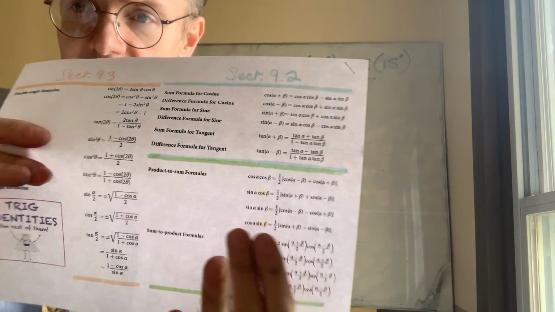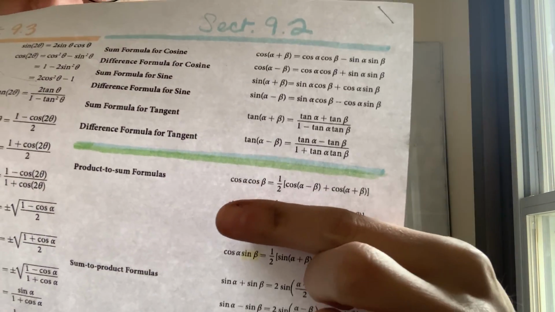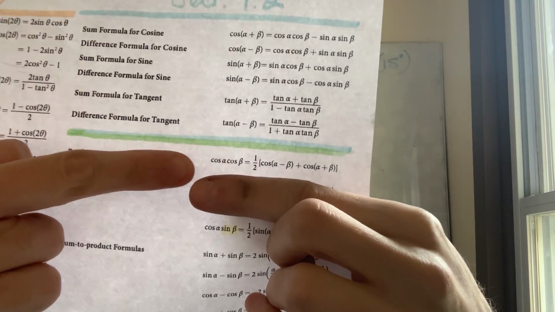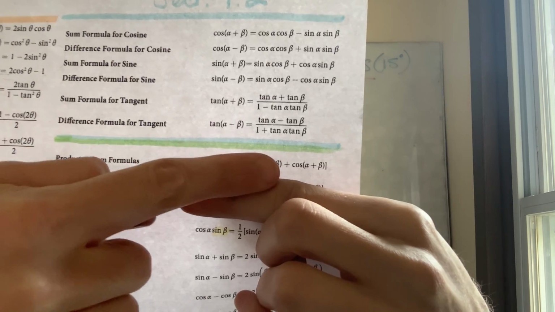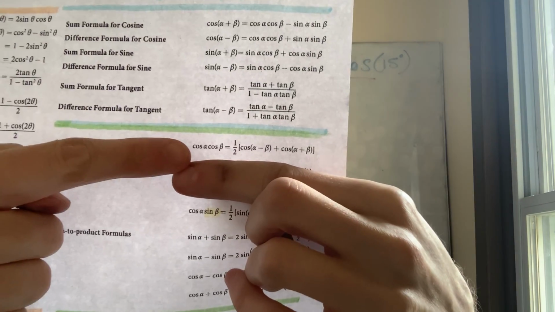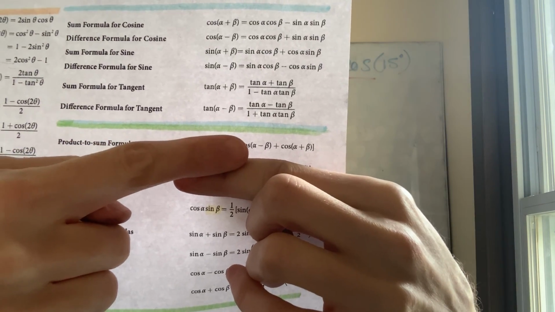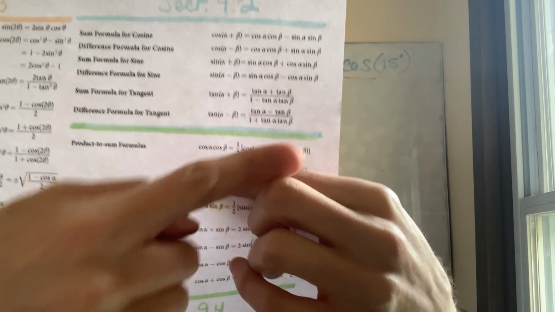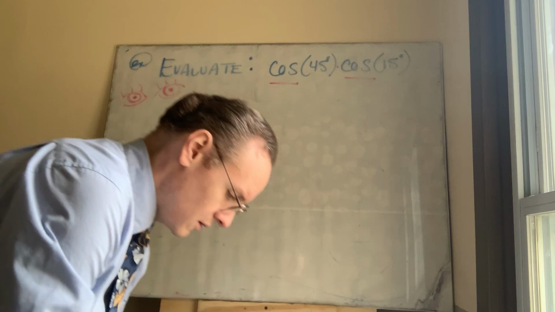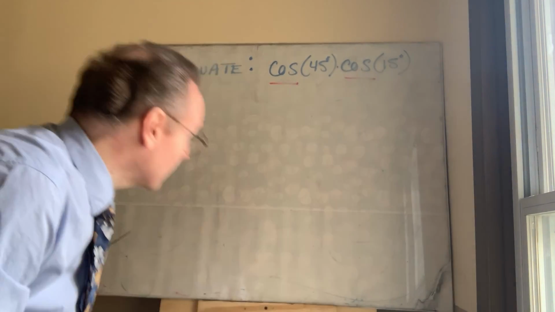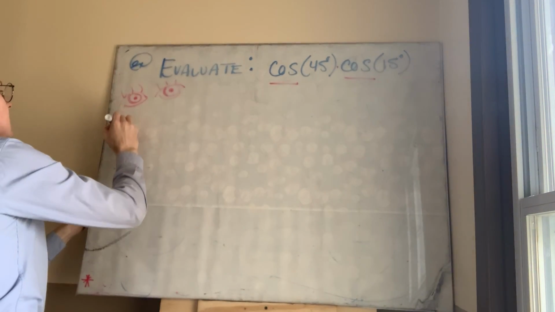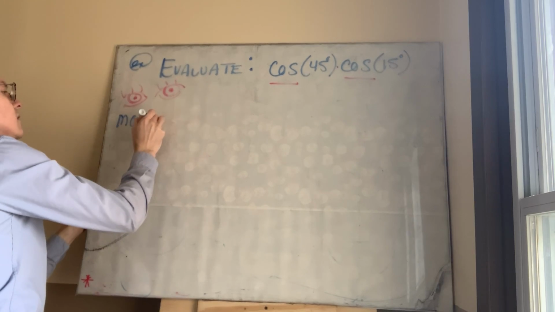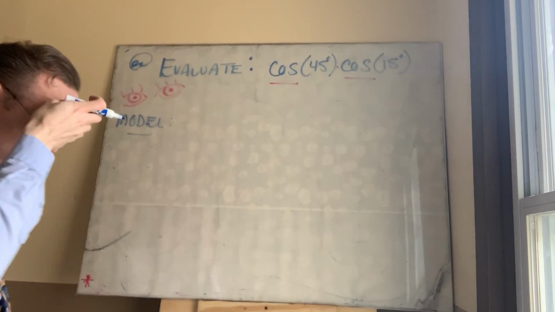That means that if you had to evaluate it, you have the option of translating it into this sum technically, because there's a plus here. 1/2 the cosine of the angle subtracted plus the cosine of the angles added. Okay, so here's the model that we will input.